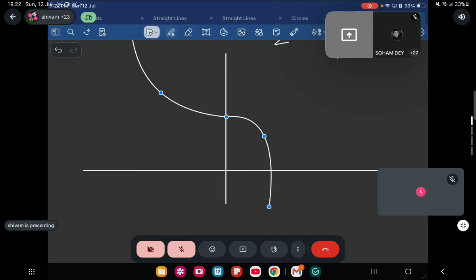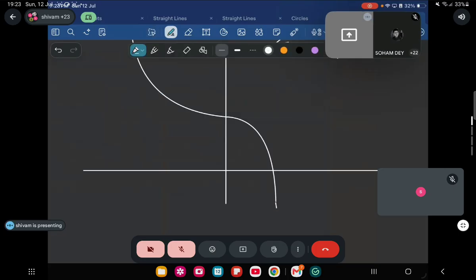After 2, after 2 also the concavity changes, right? But the graph is still decreasing. Right, the graph is still decreasing, like this. Okay? And after 3, it starts increasing. Right? Concave up also. At x equal to 2, no, concave down.